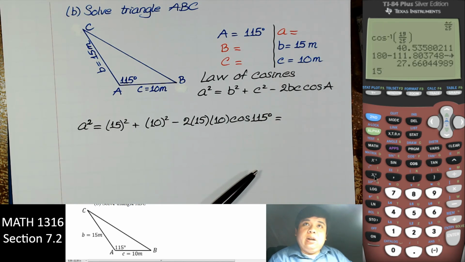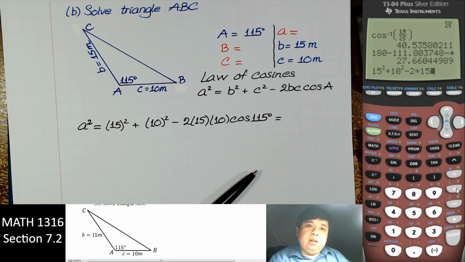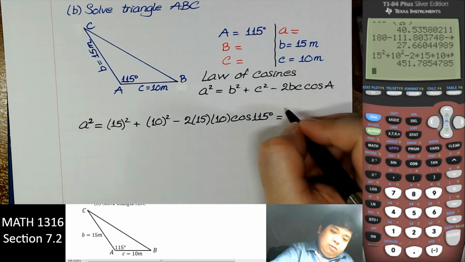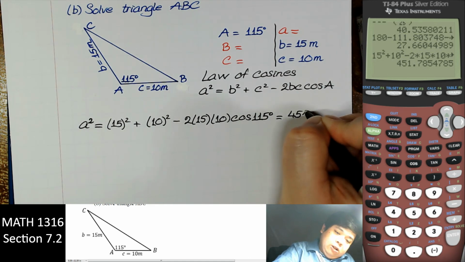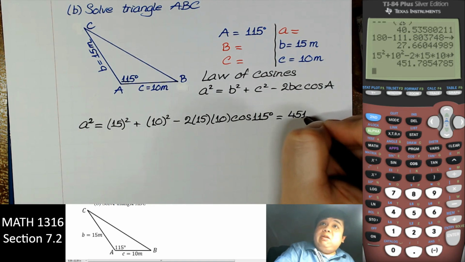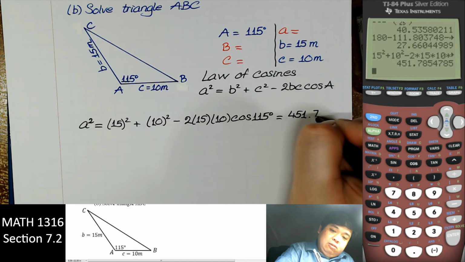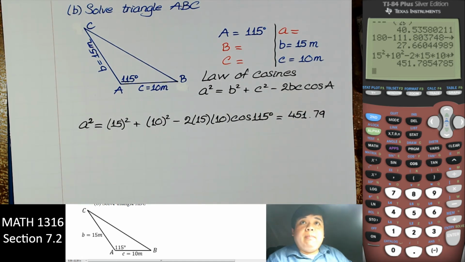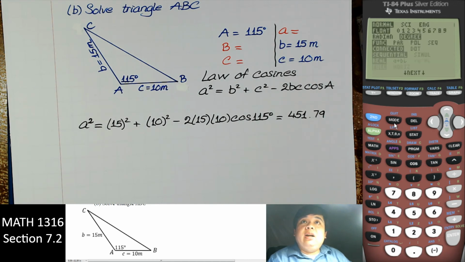So 15 squared plus 10 squared minus 2 times 15 times 10 times cosine of 115 gives 451.789. That is a squared.